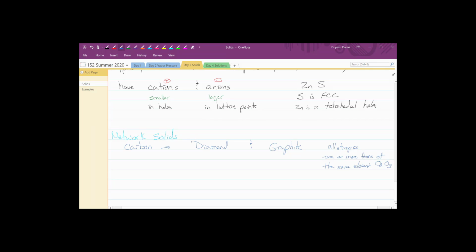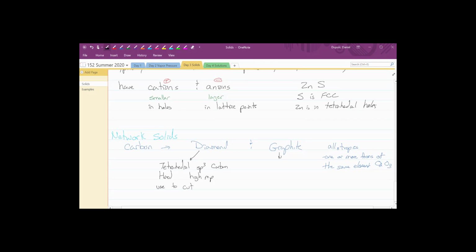All right, so diamond, as you guys are probably aware, is tetrahedral, sp3 carbon. It's hard. It's got a high melting point, and we use it to cut all sorts of things.